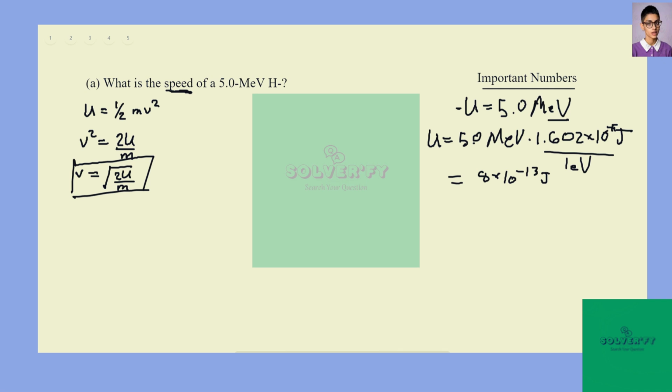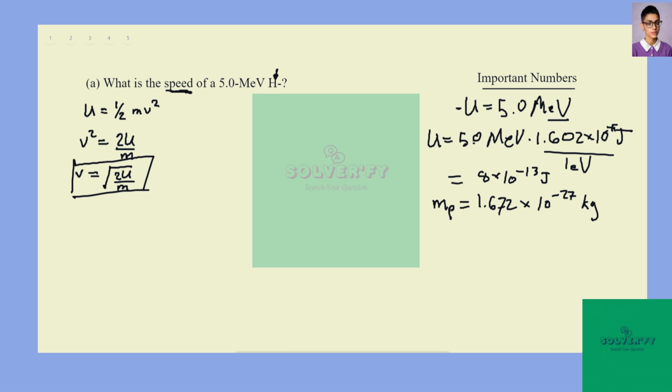Now we need one more number. That would be the mass of the proton, since this is a hydride ion, or an H, or hydrogen. That means that the mass of the proton we have to look up, and I've done that right now. It is 1.672 times 10 to the minus 27 kilograms.